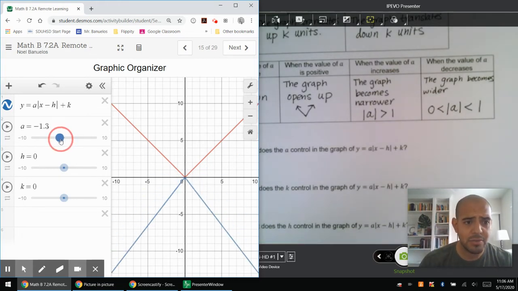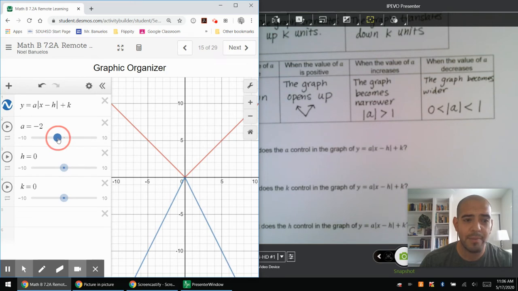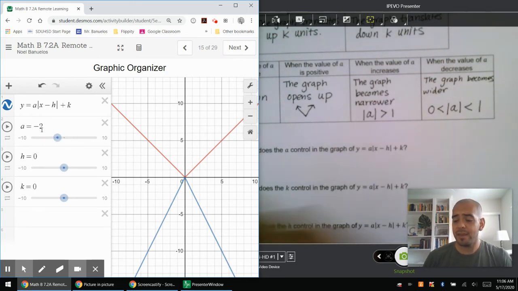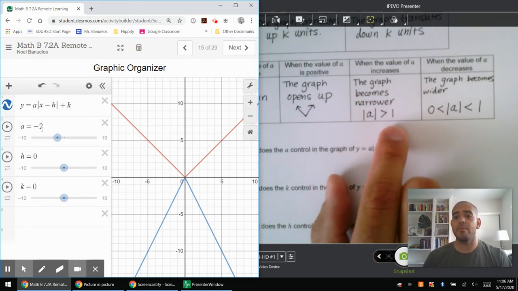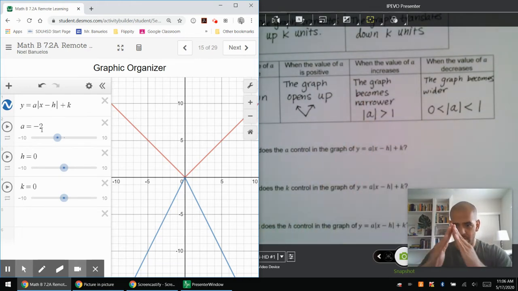Because in between 0 and -1, it's still pretty wide. Remember, as soon as we go beyond -1, that's when it starts becoming narrow. Because the absolute value of -2 is 2, which is greater than 1, and it makes it narrow. So you see how that works?